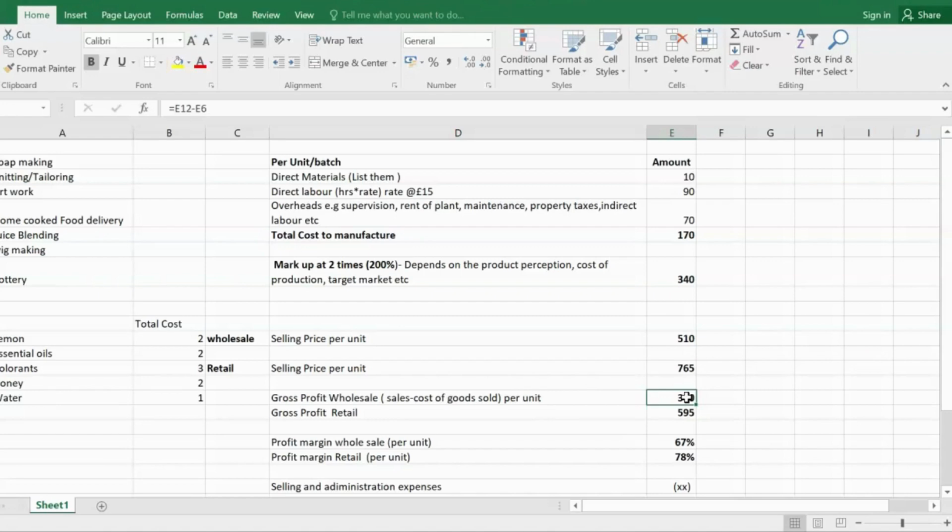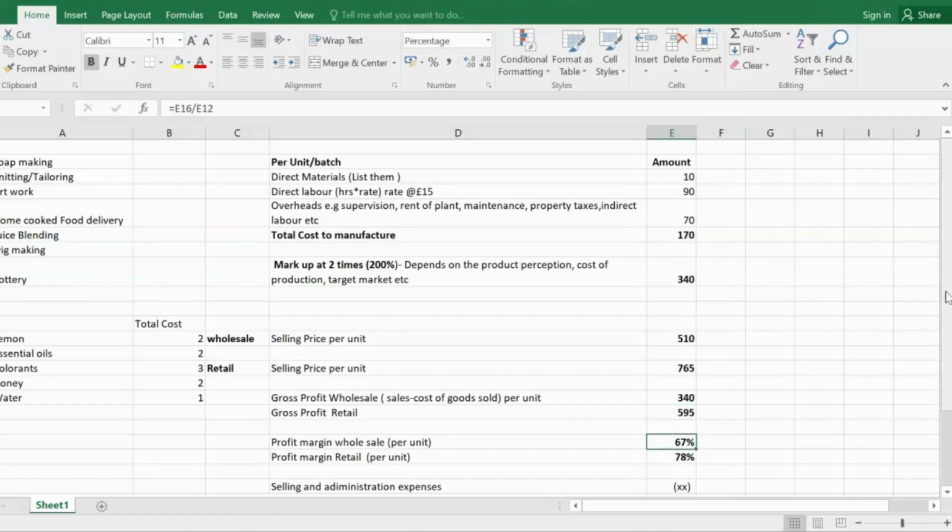The gross profit from the wholesale will be the selling price minus the cost, which gives us 340, and for the retail price, the selling price minus the same cost gives us 595.